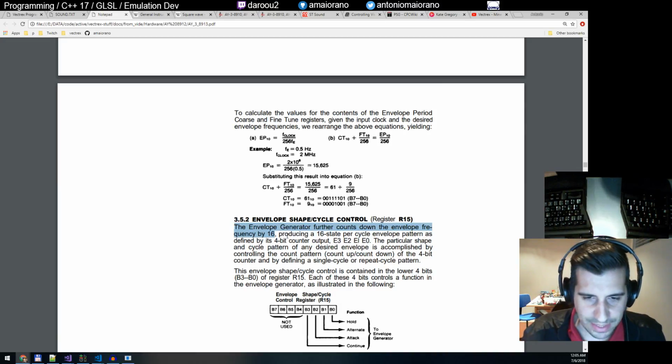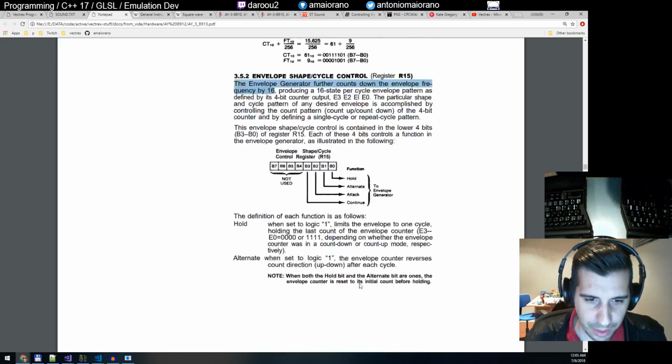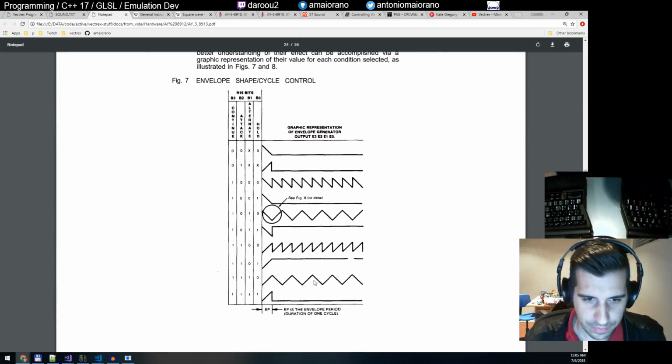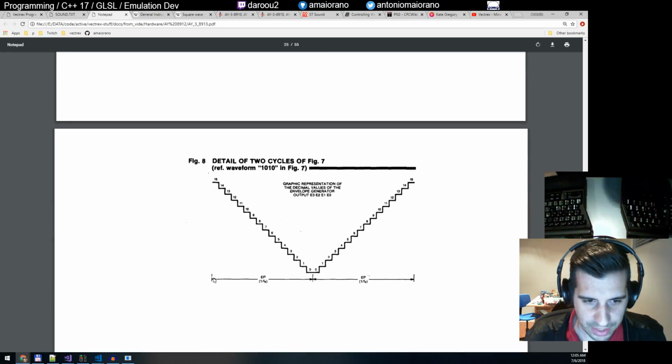So I take that to mean that we will basically produce 16 values over the course of a single period. And that seems to line up with what we see. This is a single period. We will produce 16 values, and we can see it here. A single period produces 16 values.